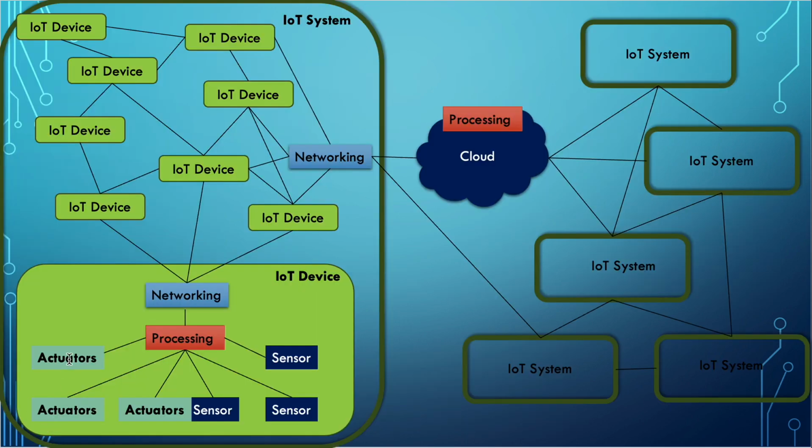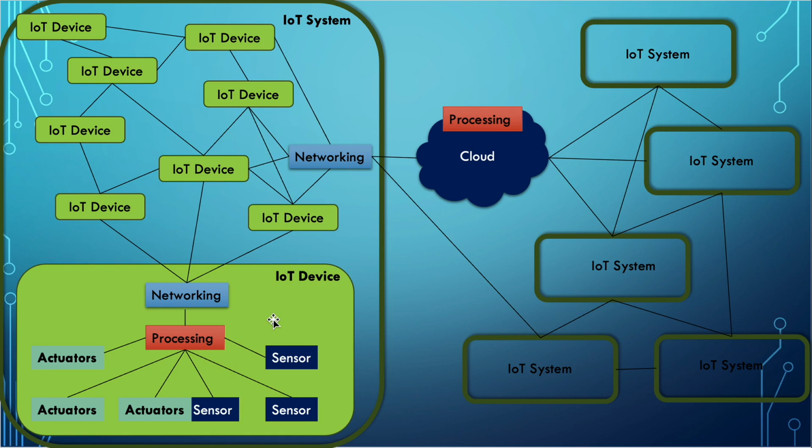So it's a combination of actuators and sensors, or just actuators, or it could be just sensors. Each of these sensors and actuators is connected to our embedded system, or the processing unit.